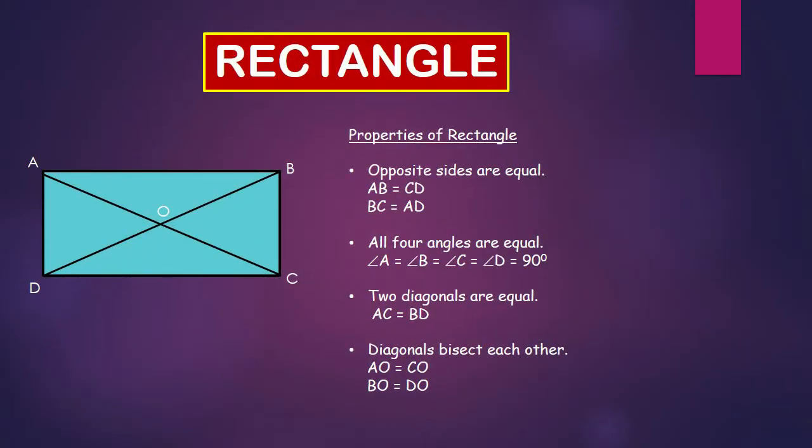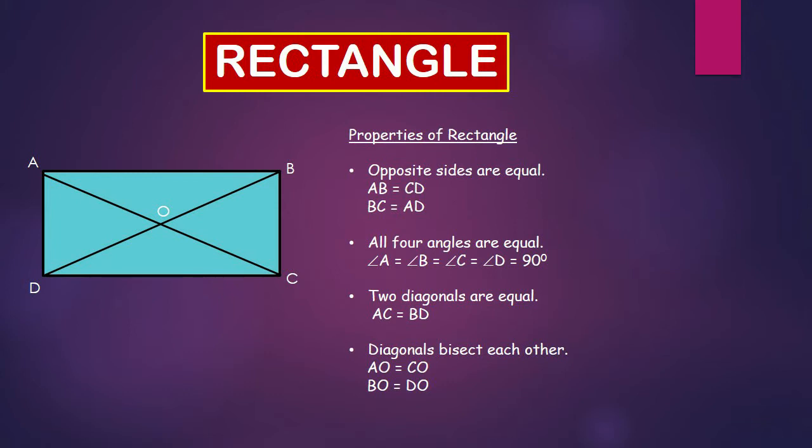Next quadrilateral is rectangle. Rectangle is a quadrilateral in which opposite sides are equal. Here ABCD is a rectangle where AB is equal to CD and BC is equal to AD. Even in rectangle, all the four angles are equal and each angle is equal to 90 degrees.